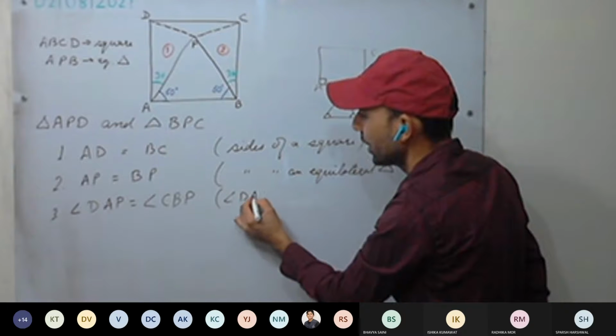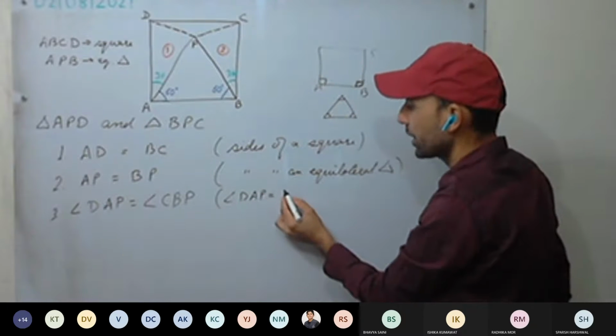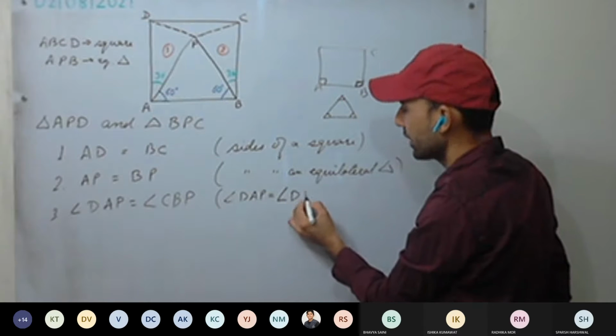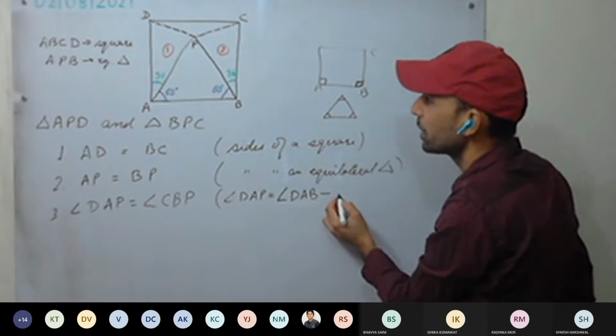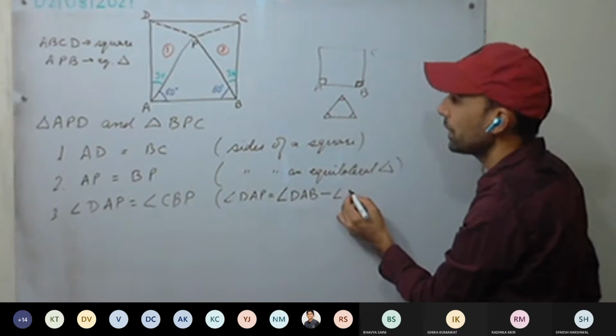Angle DAP equals 90 minus 60, you can straightforwardly write, or you can write angle DAB minus angle PAB.